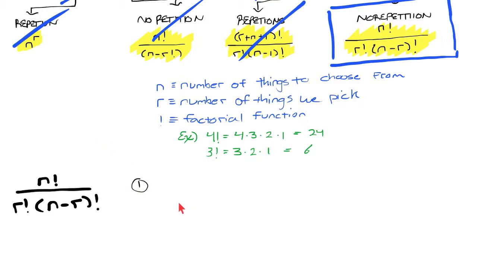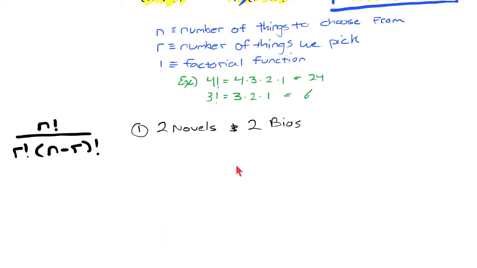I said that situation 1 was where we read 2 novels and 2 bios. In each of these, we're going to have to pick 2 novels out of the 6 novels for starters. So for picking 2 novels, n equals 6.